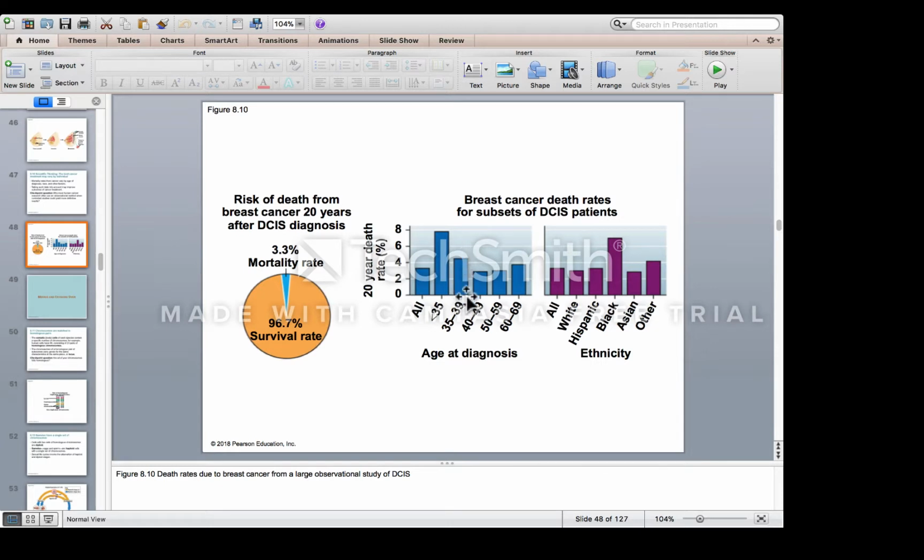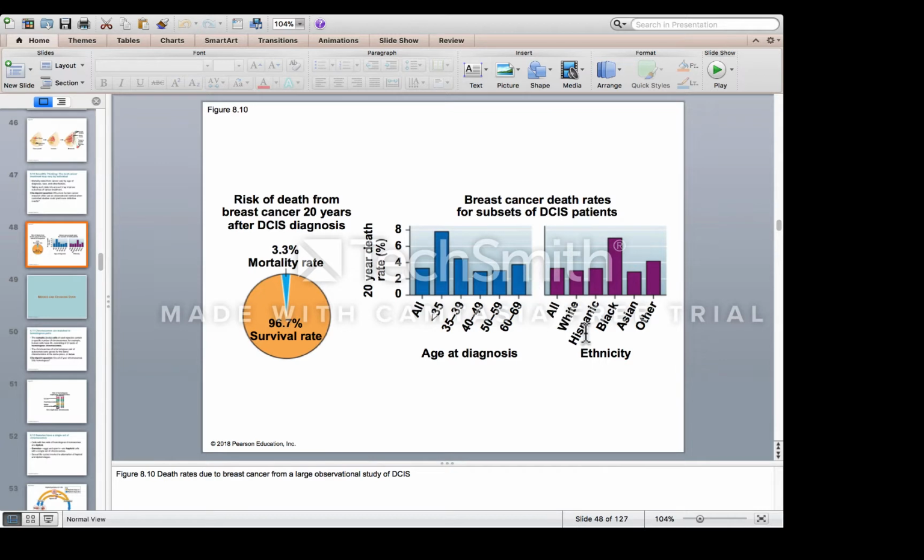So if I get diagnosed with breast cancer, there's a lesser chance for me to actually fight this thing as I get older and older. It's going to be harder. And you notice the trends at 60 to 69, simply because at this point you're not really having children, and you're not actively taking care of them either.